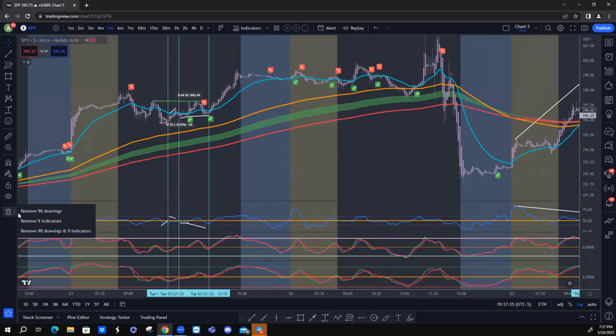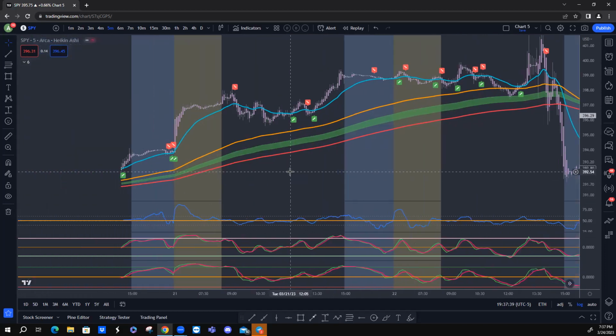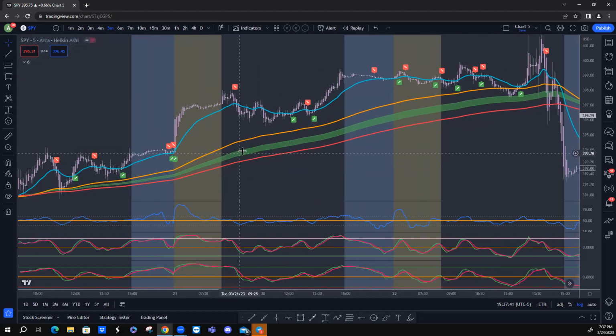Let me clear the chart here a little bit, remove some of these drawings. Okay. So isn't this pretty interesting how this band just went right between here? So I don't know, kind of digging it so far. But like right here, since you have a green band, you can see the color visually, and then maybe you could just take the green trades.